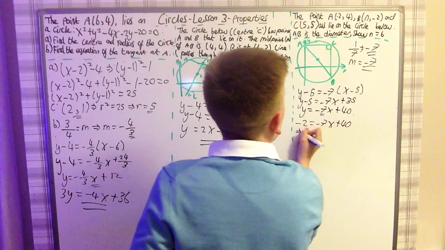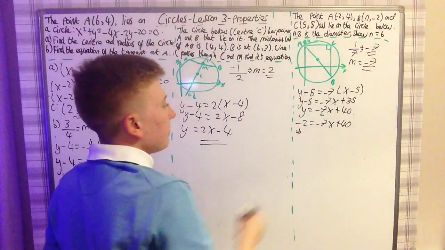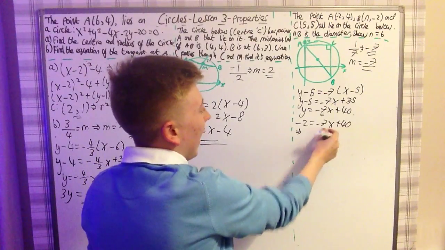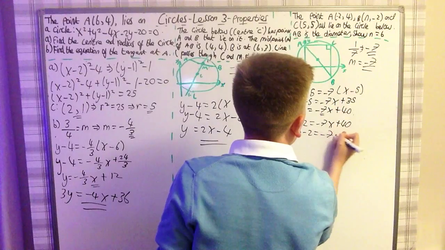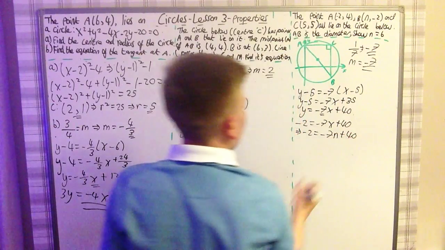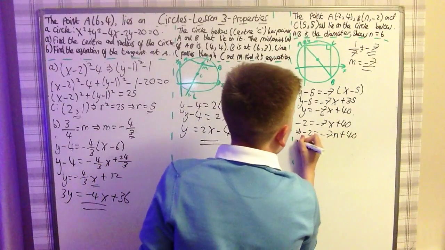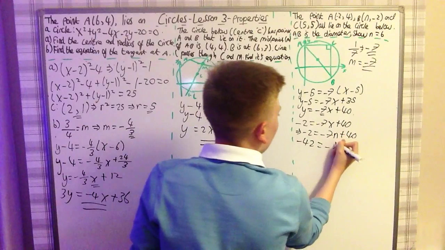Now, because we're proving that n equals 6, and n is the x-coordinate of B, I'm going to replace the x in this equation with n, just to show we're proving n equals 6. So minus 2 equals minus 7n plus 40. Now we can take the 40 from minus 2, and we get minus 40 minus 2, that's minus 42, equals minus 7n.